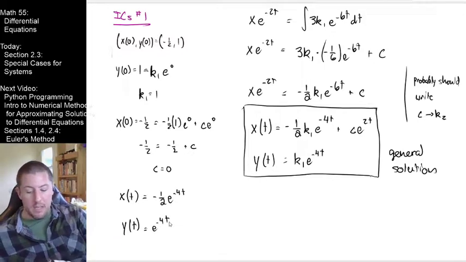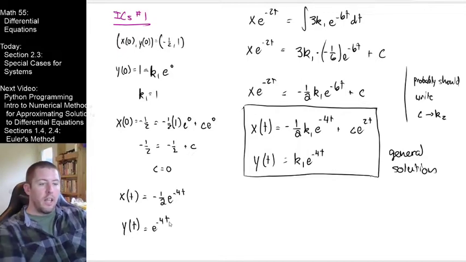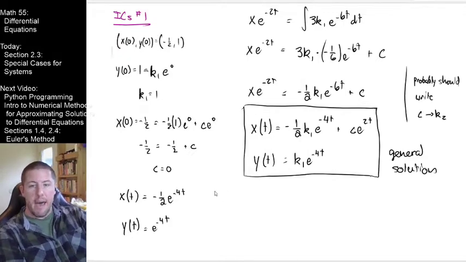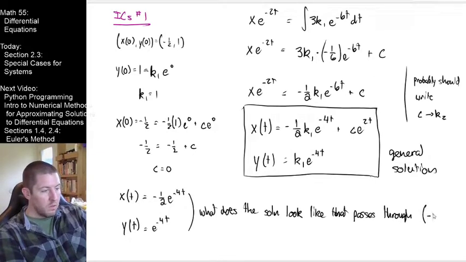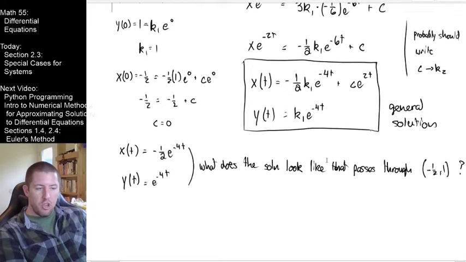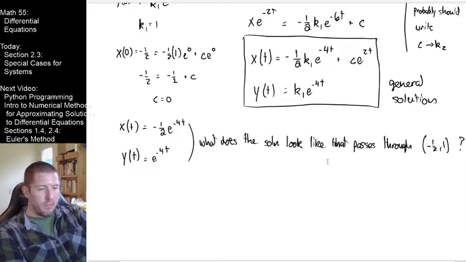So now I'm asking you, what should this solution look like? What does the solution look like that passes through (-1/2, 1)? Well, do you see some nice algebraic relationship between x and y?